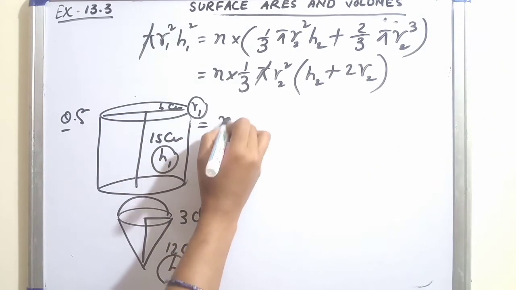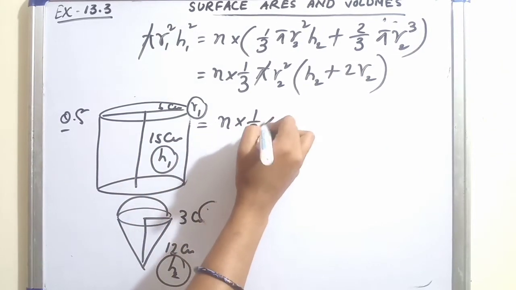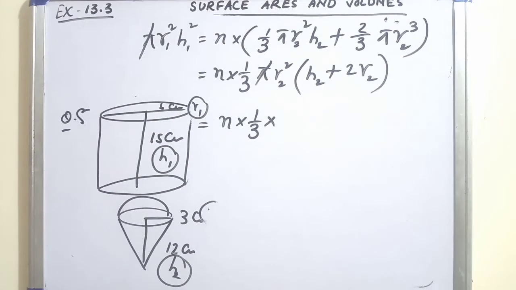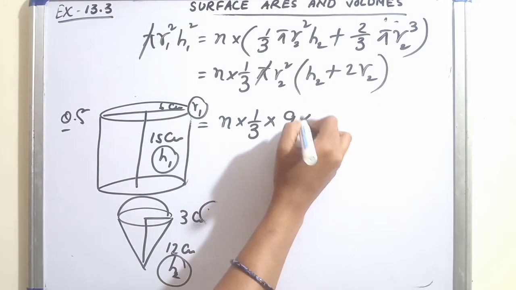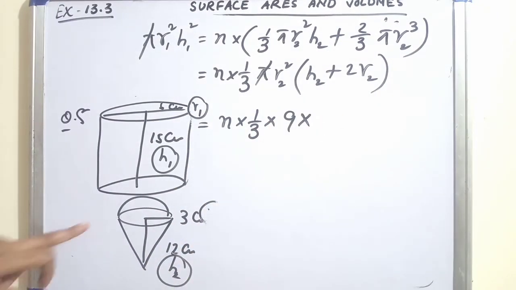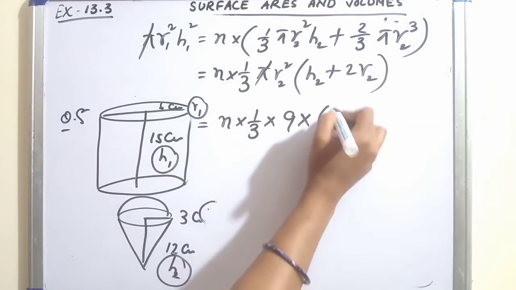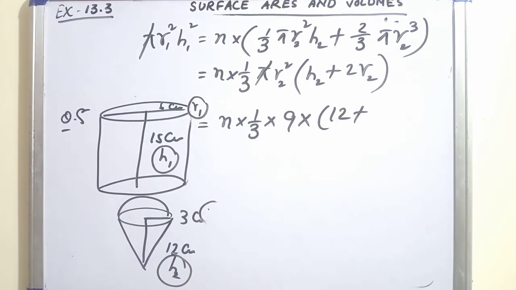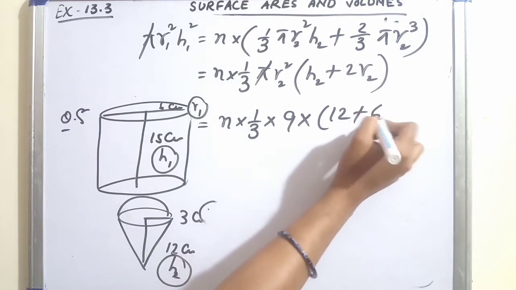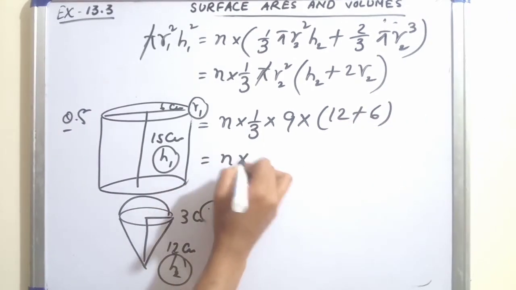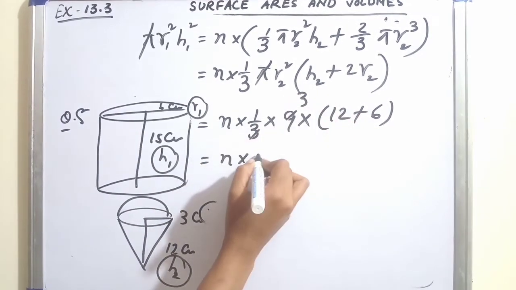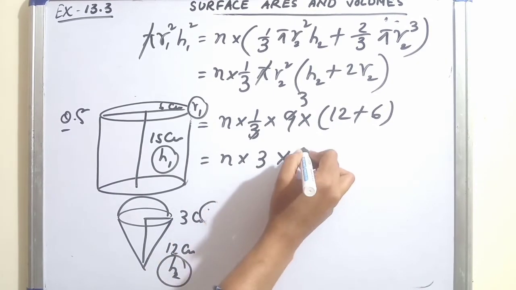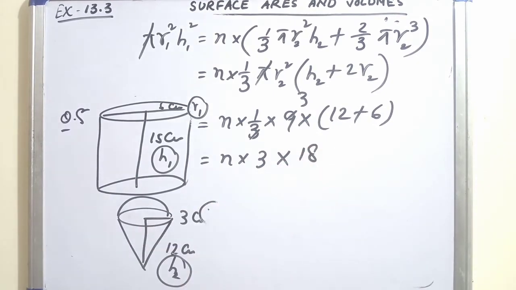This is equal to n into 1/3 into r2 means 3, that means 9 into h2, h2 means 12, plus 2 into r2, that means 6. That means n into 3, 3 threes are 9, 3 into 18.